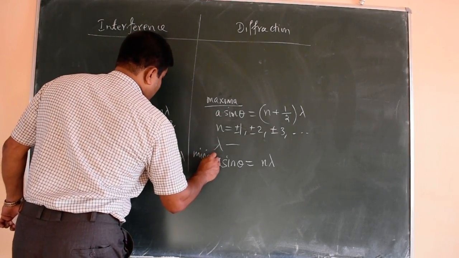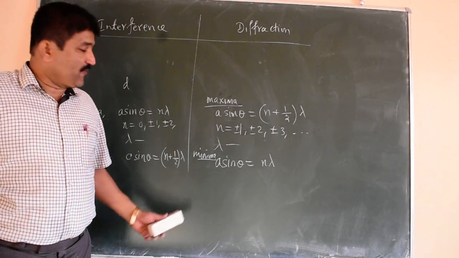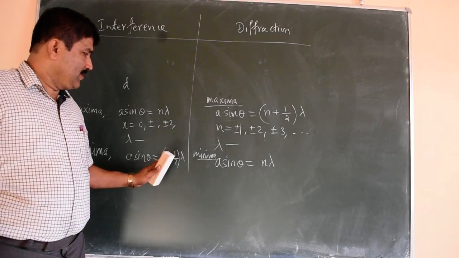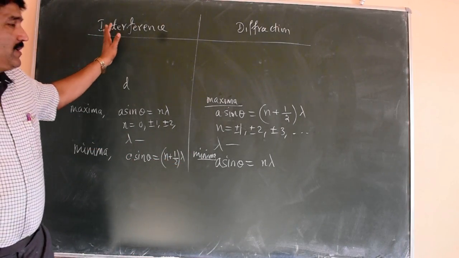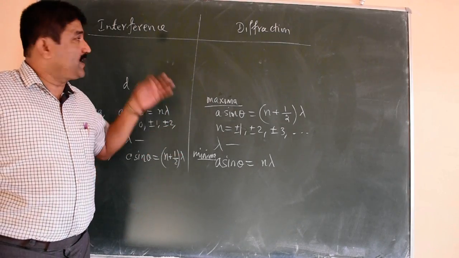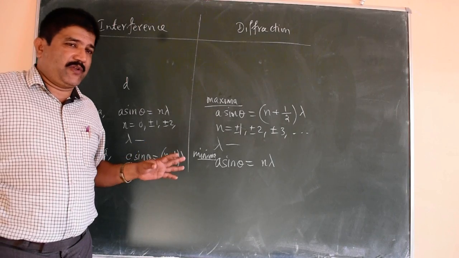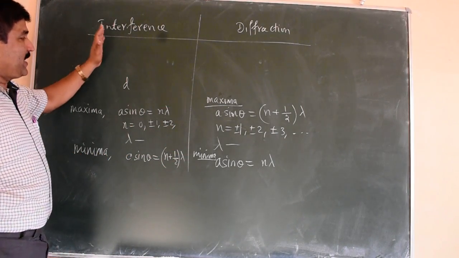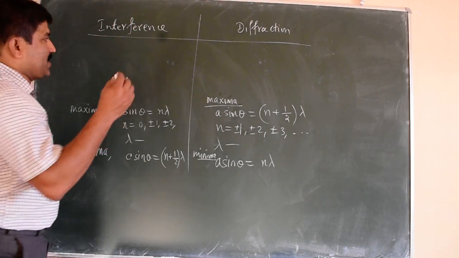Then after that we have one more important difference, which is contrast. The contrast between dark and bright fringes in interference is very good. Now how do you understand the contrast part?